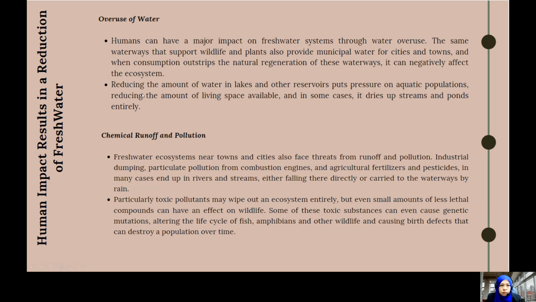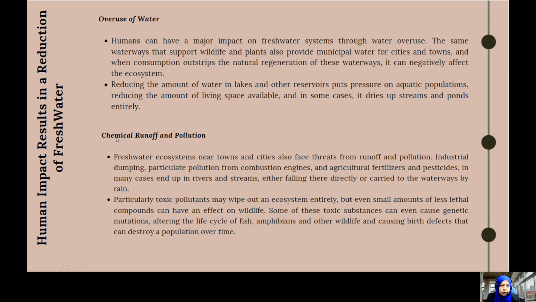Reducing the amount of water in lakes and other reservoirs puts pressure on aquatic populations, reduces the amount of living space available, and in some cases dries up streams and ponds entirely.